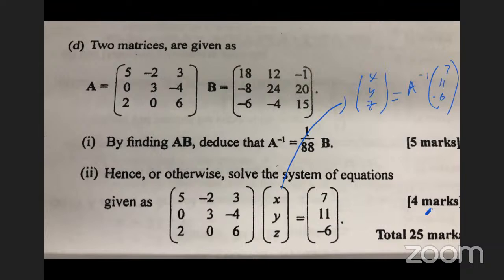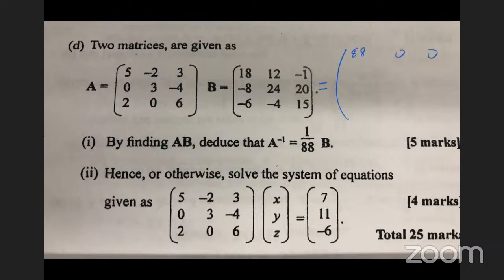Right. So let's see what you came up with now. When you multiply A by B, you should have 88, 0, 0, 0, 88, 0, 0, 0, 88. And what that shows is 88I.